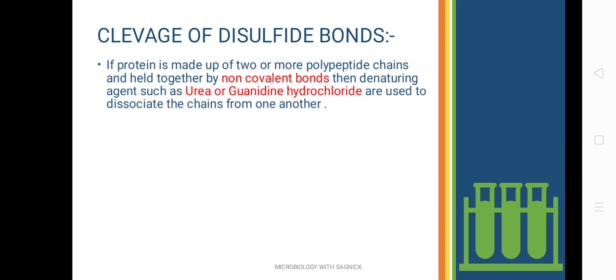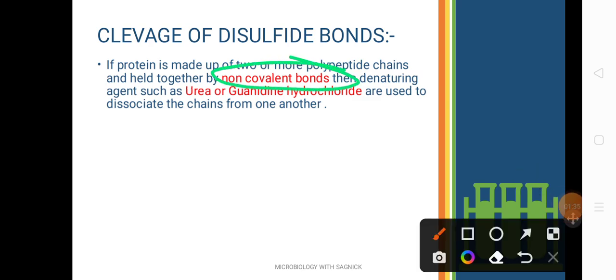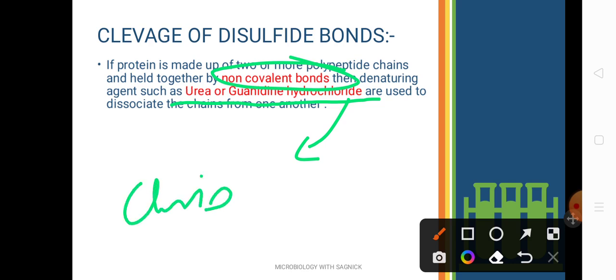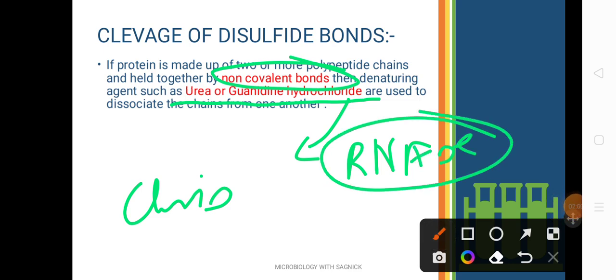First we are going to understand how we can break non-covalent bonds. Non-covalent bonds can be broken down by urea or guanidine hydrochloride. If you have watched my protein folding video, there we discussed the Christian Anfinsen experiment, where he completely denatured RNase A into its very basic form by using 6 molar, sorry, it was not 6 molar, 8 molar urea along with beta mercaptoethanol, right?